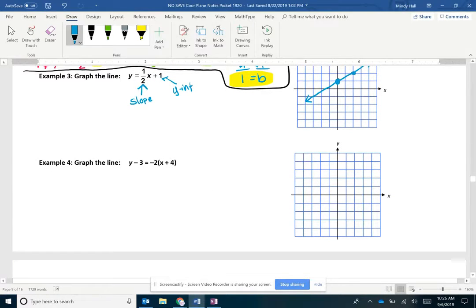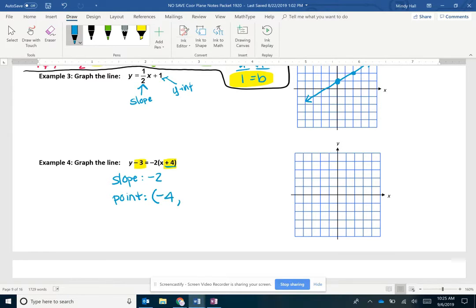So for point slope form, if I want to graph the line, I'm going to have to be able to identify the slope and then the point they gave me. So looking at this equation, I know my slope is -2. And then my point is going to be based off of this 4 and this -3. But remember, with point slope form, it's opposite numbers. So because we start with our x value, we're going to start with that +4, but the opposite is -4.